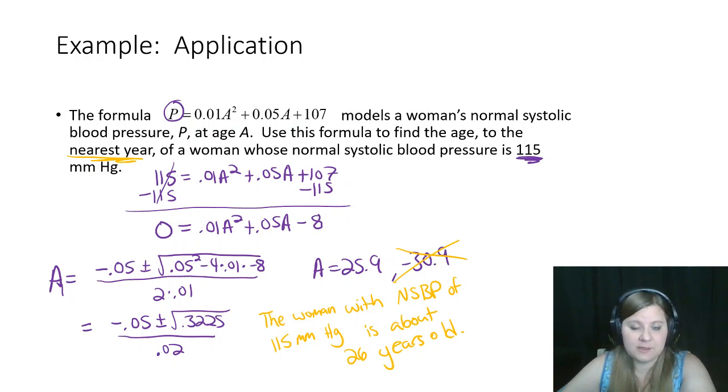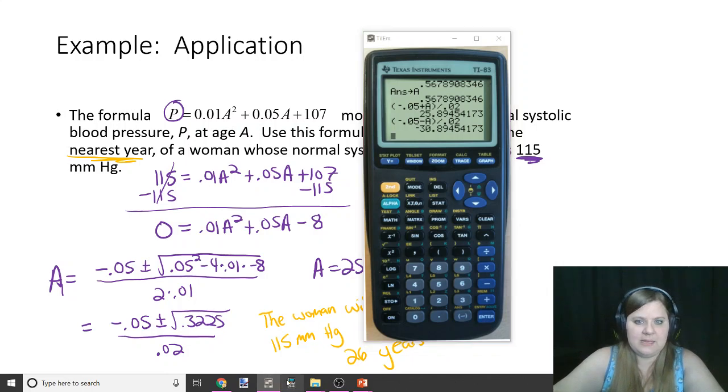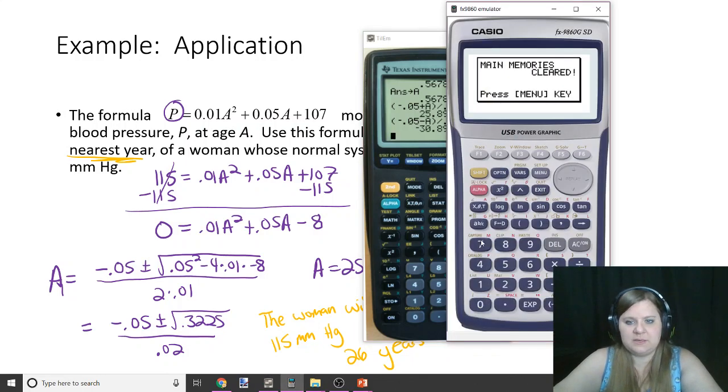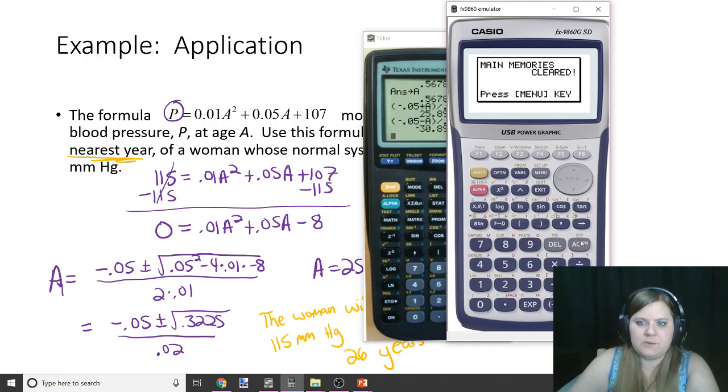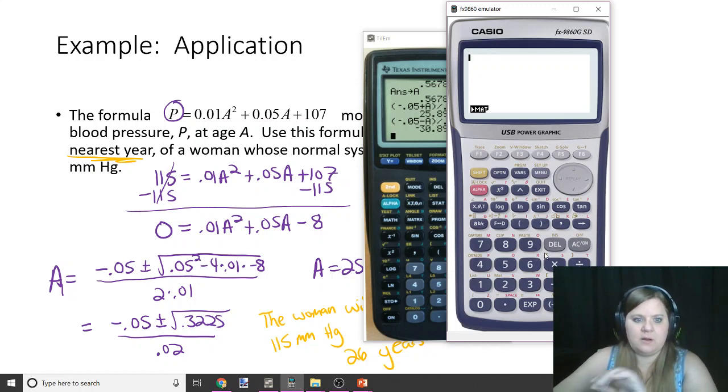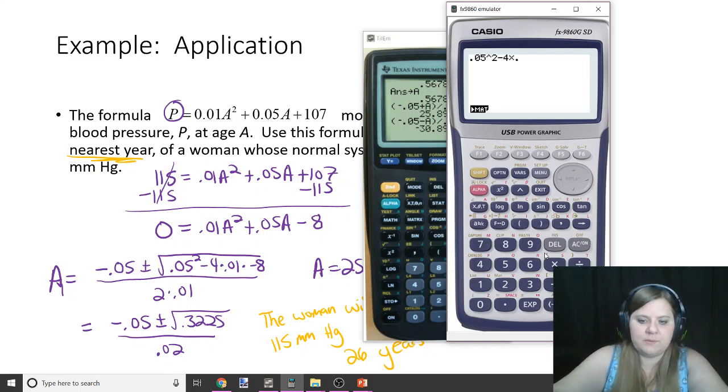Now in the Casio, if you're wondering how to do the store, okay, it's going to be a similar setup, but it's this button here, it's this arrow. So when you turn it on and you go to your main screen, okay, let's say we did our 0.05 squared minus 4 times 0.01 times negative 8, and we took the square root of our answer.